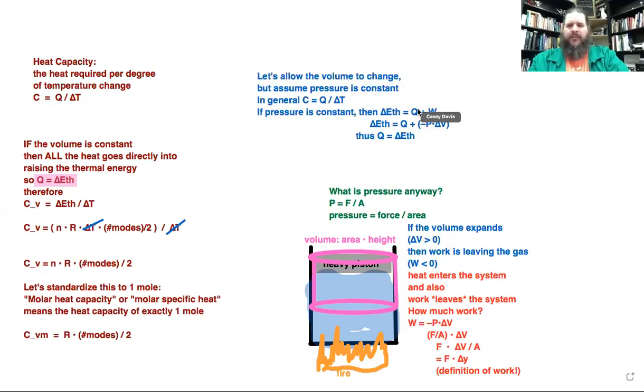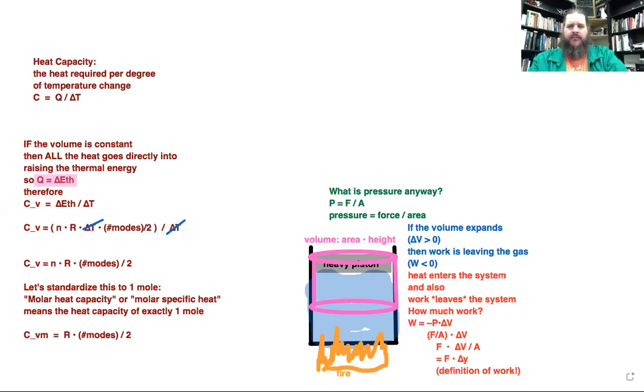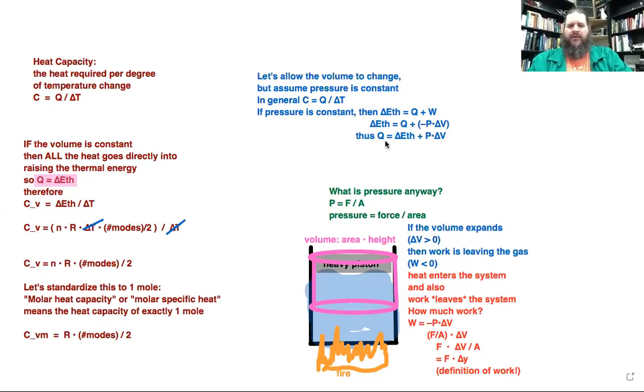Yeah, delta E thermal minus work. And since work is negative P delta V, we could also think of this as adding P delta V to both sides. So this is what we can do for heat here. Heat is change in E thermal plus P delta V. That is delta E thermal minus work.